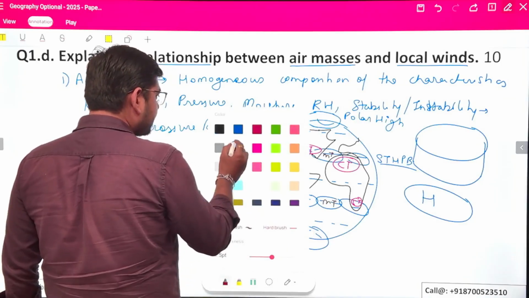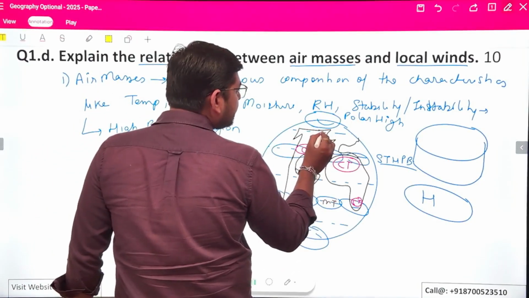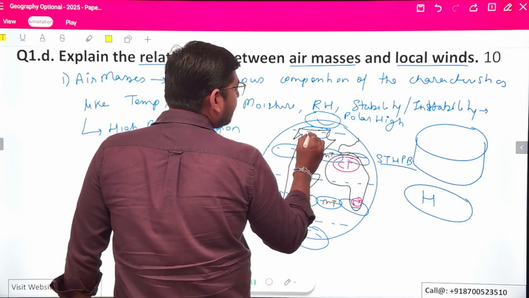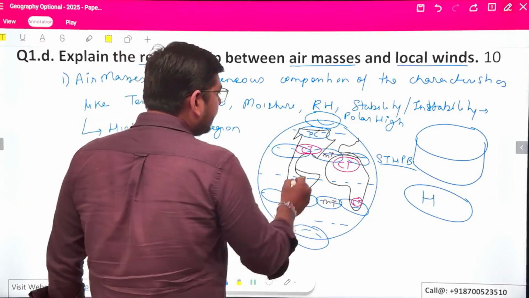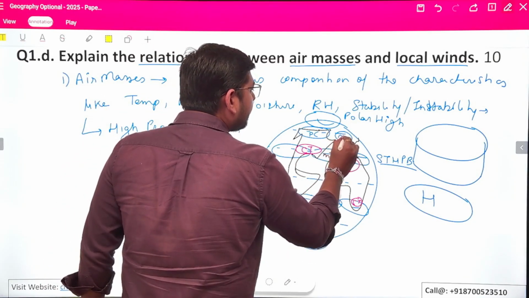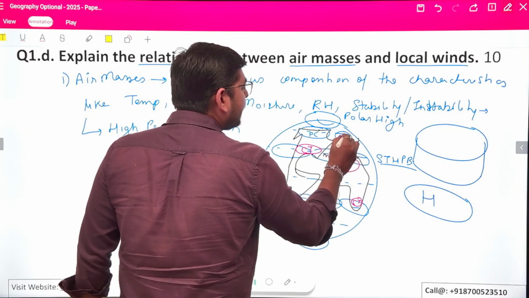While in the polar regions, we'll see the presence of two air masses. In this region there is polar continental, and in this region we'll have the presence of maritime polar air mass.